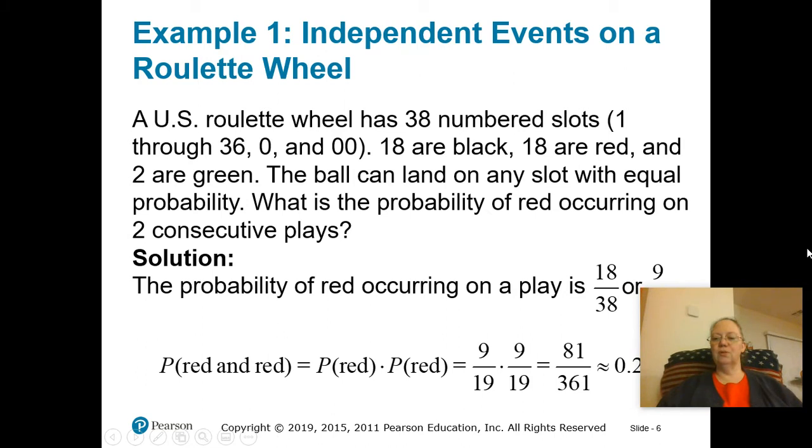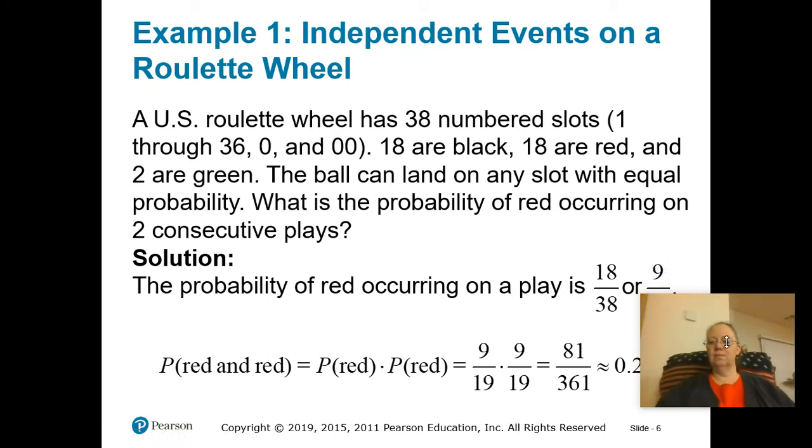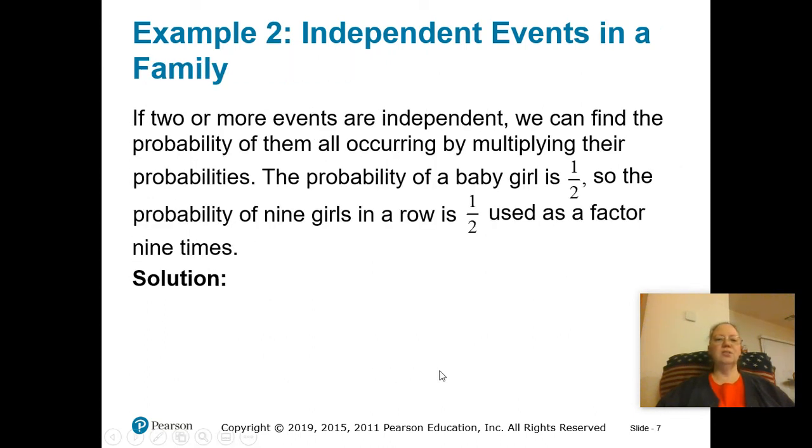That gives 81 over 361. I don't know what the decimal is, sorry, but 9 times 9 is 81, and 19 times 19 is 361. That was reduced: 18 over 38 reduces to 9 over 19. Multiply them together, and there you go.